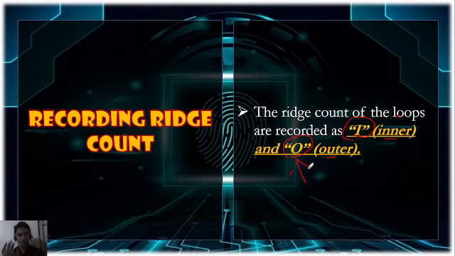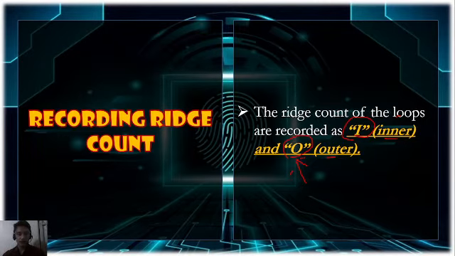So yun po yung dahilan para maiwasan nating magkalituhan kung yan ay number 0 or letter O. So again, tandaan po ninyo, sa recording ridge count, inner or outer po ang gagamitin natin.